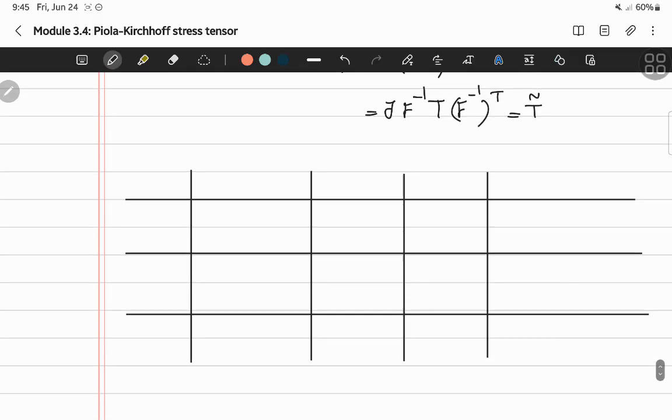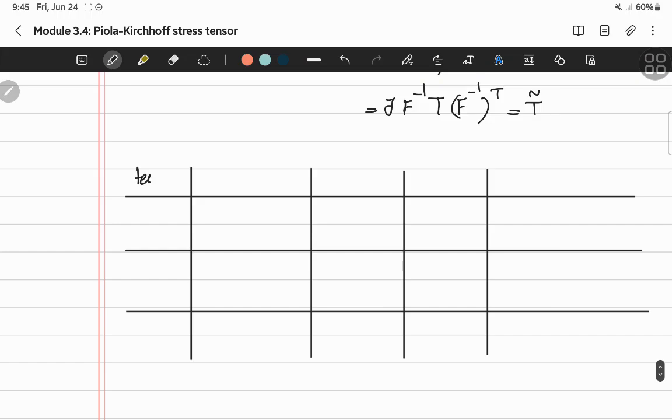So then I write in here the name of the tensor. So we had the Cauchy stress tensor, we had this first Piola-Kirchhoff stress tensor, and then we had the second Piola-Kirchhoff stress tensor here. And we had our coordinates.